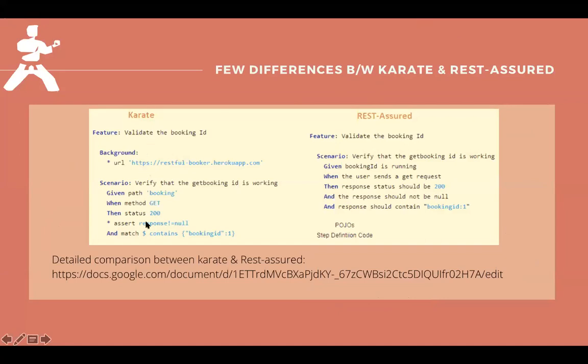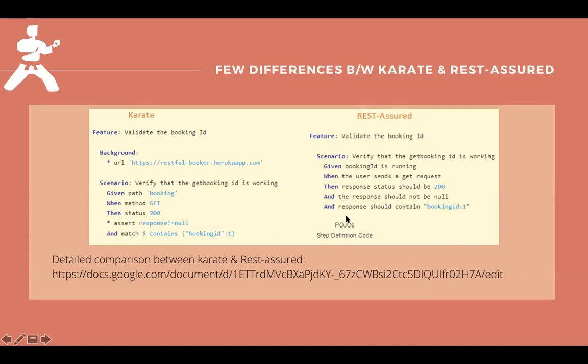So I'll just quickly talk about it. This is what you write in Karate, and in Rest Assured, you write the feature file, you write the scenario, you write given when then, you write POJOs, that is plain old Java objects, and you need to write step definition code as well. But in Karate, I have to write only the scenario, given when then, and I'm done.